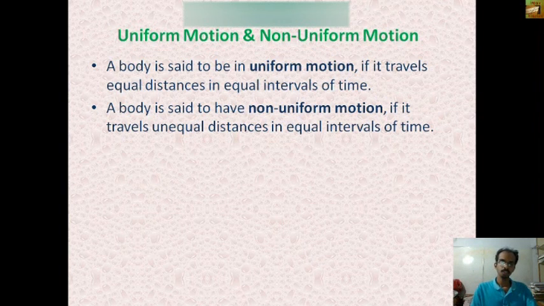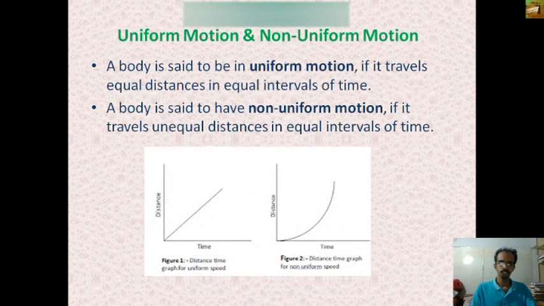Both kinds of motion are shown by this distance time graph. A distance time graph is a graph with distance along the y-axis and time along the x-axis. As it is shown, in case of uniform motion, distance is directly proportional to time.